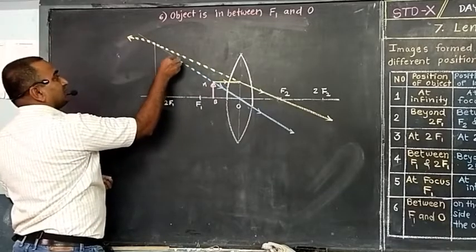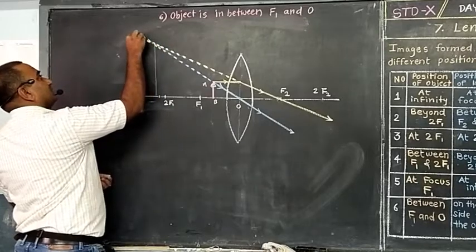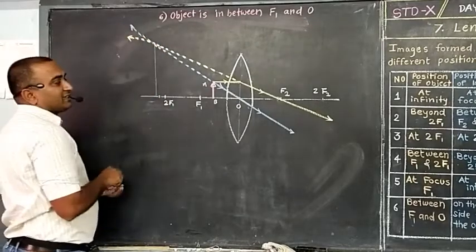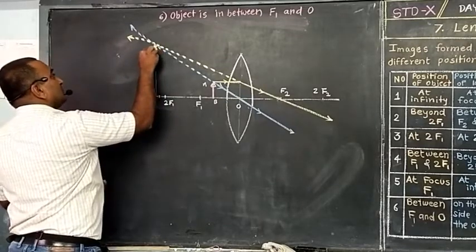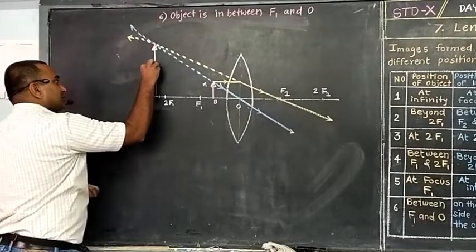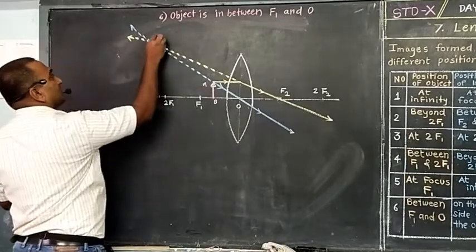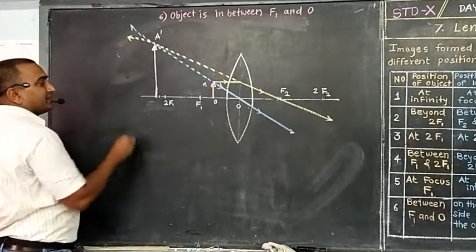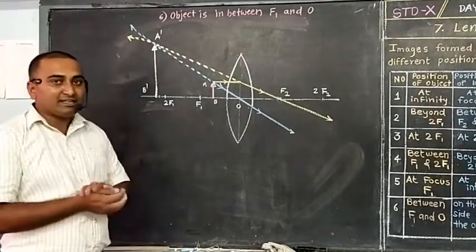These lines seem to meet at this point. So definitely they are meeting here, and here we are getting the huge image. The rays coming out from A, so A dash, that is the head here, and B dash is here. See, this is the ray diagram.